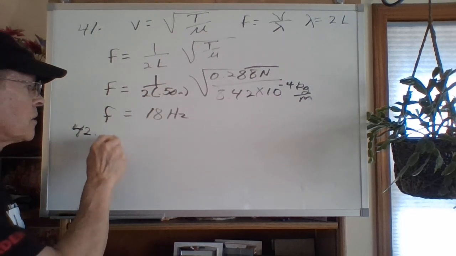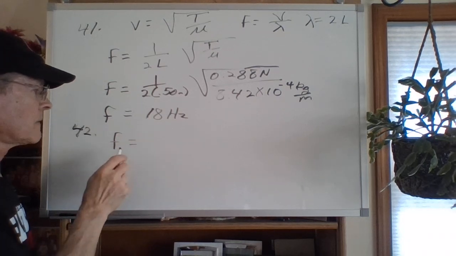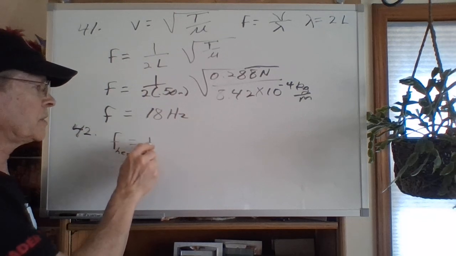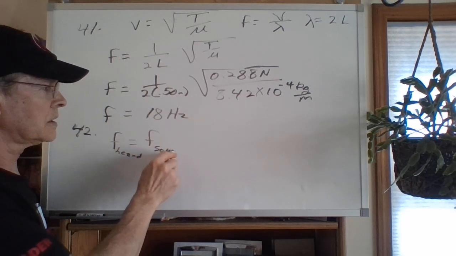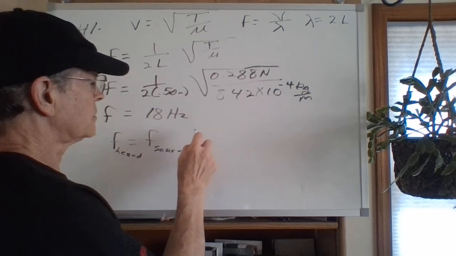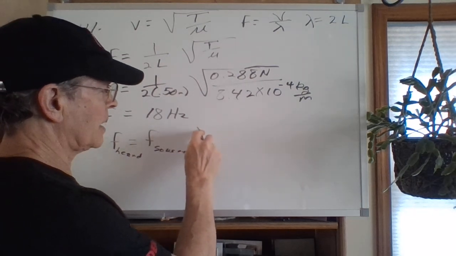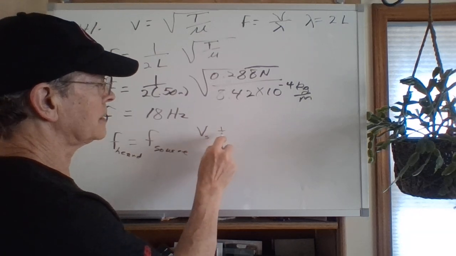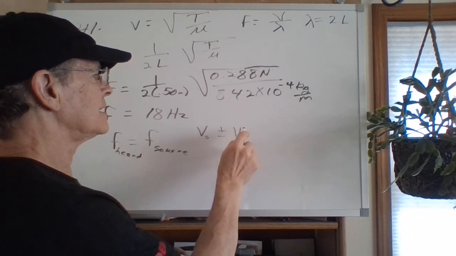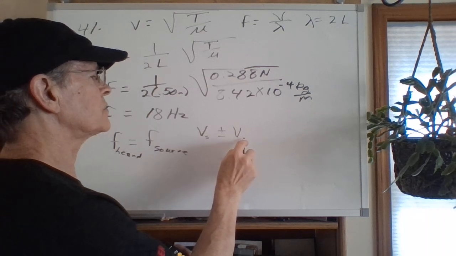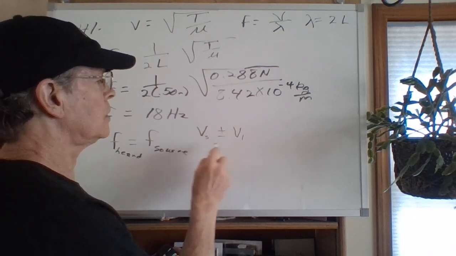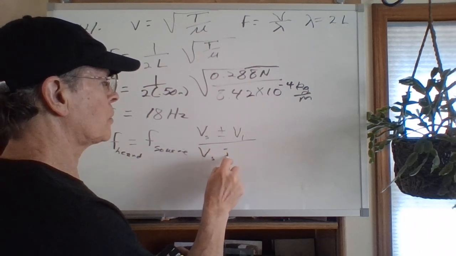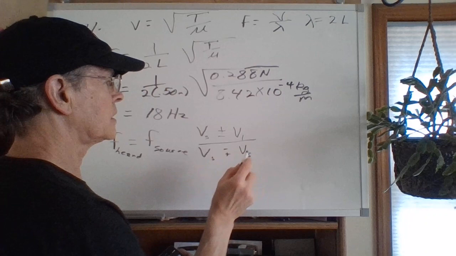So we are talking about the Doppler effect. The frequency heard will be the frequency of the source times the quantity speed of sound, 346, plus or minus the speed of the listener, divided by the quantity speed of sound minus or plus the speed of the source.